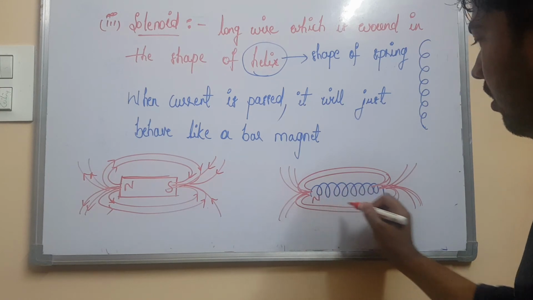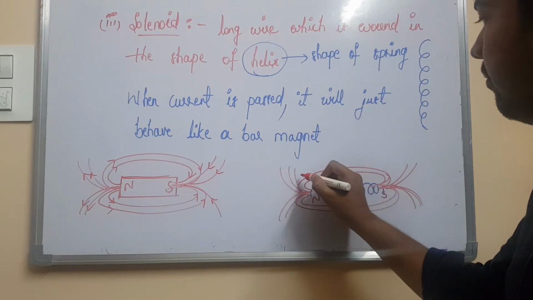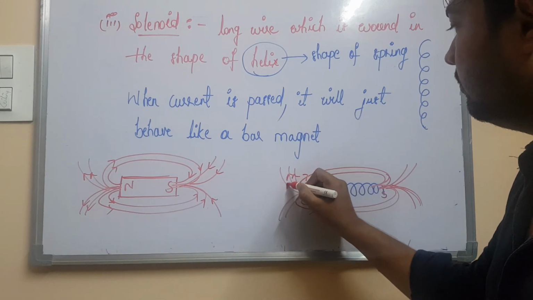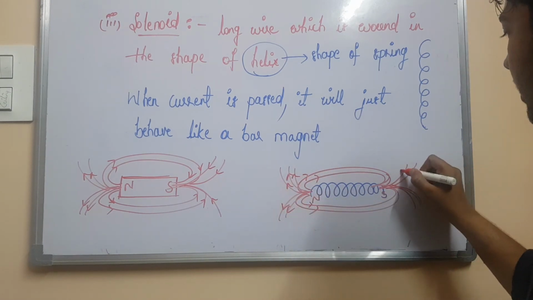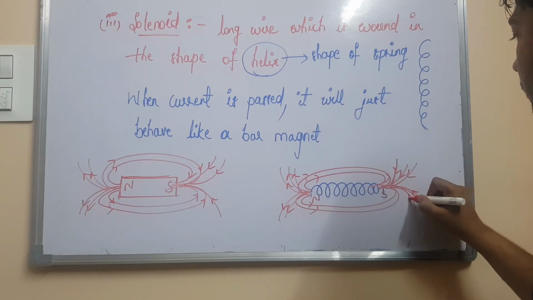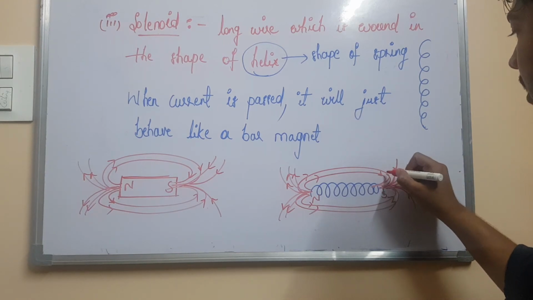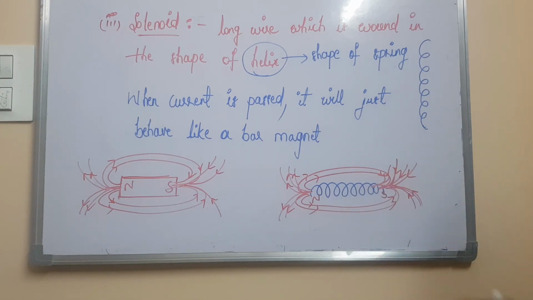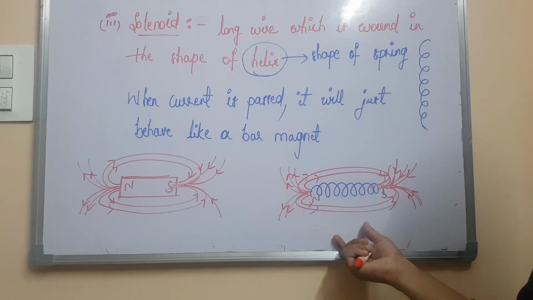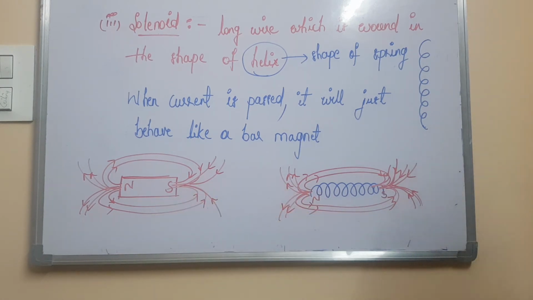If this is north pole and this is south pole, magnetic field lines will be away from the north pole, and magnetic field lines will be directed towards the south pole. So this is the magnetic field around a solenoid. It will be just similar to the bar magnet.